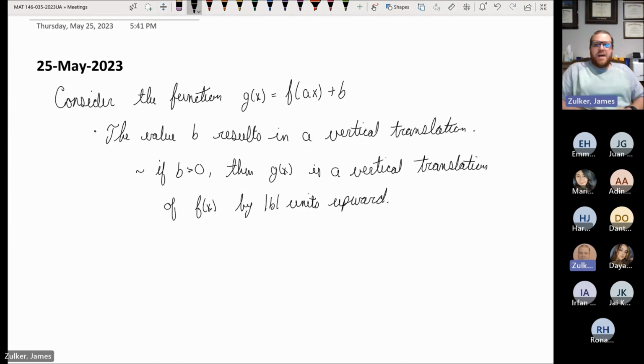If b is positive, then g of x is just a vertical translation of f of x, absolute value of b units upwards.